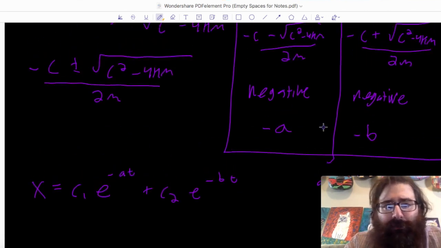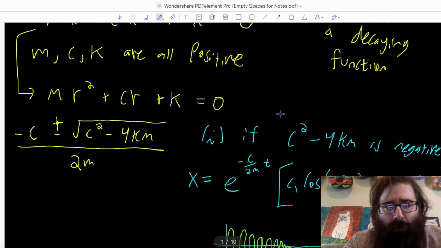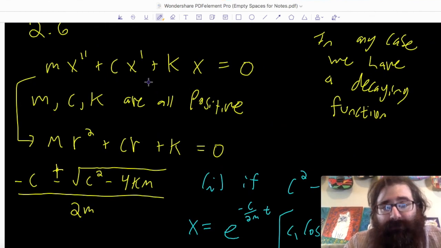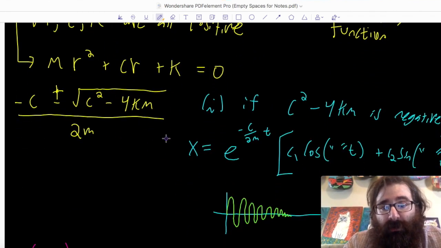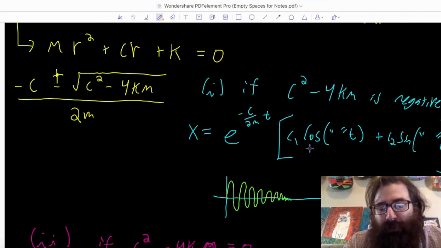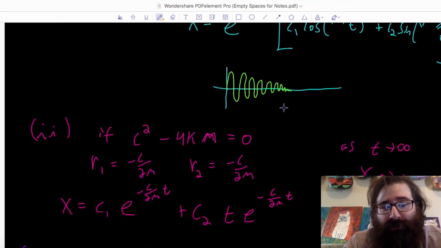So in any of these three possibilities, when talking about this system, since m, c, and k are all positive, if we explore this with the quadratic formula, and I get imaginary terms, it builds a sinusoidal function that's going to head to 0 as t goes to infinity.